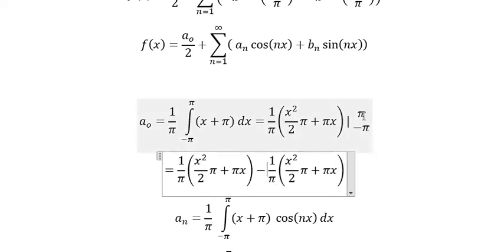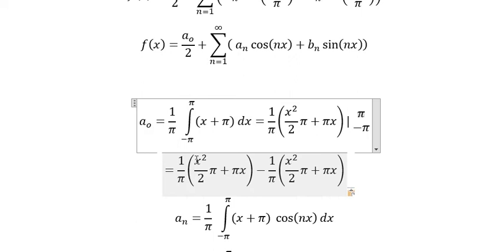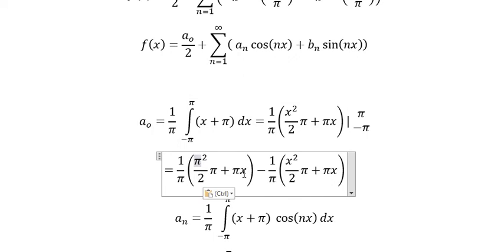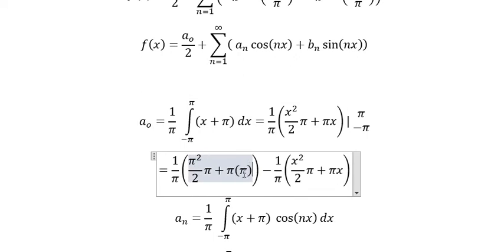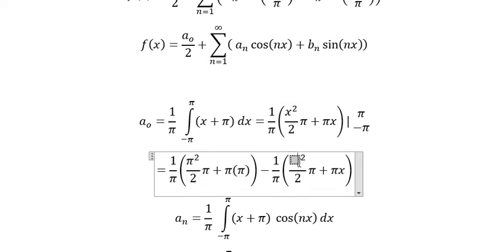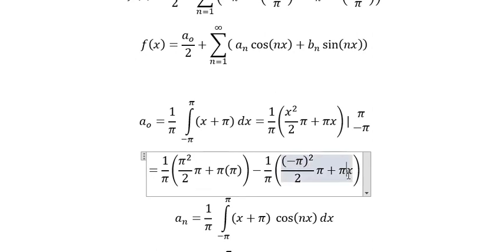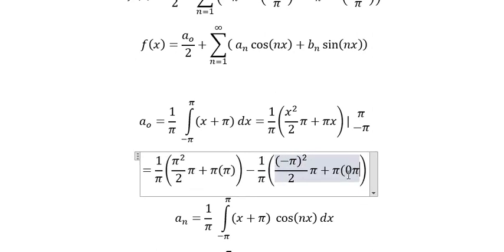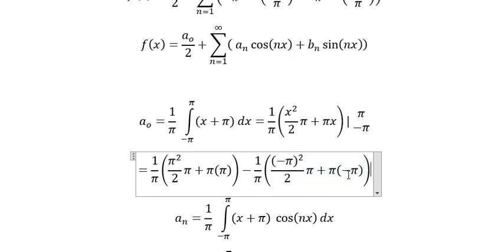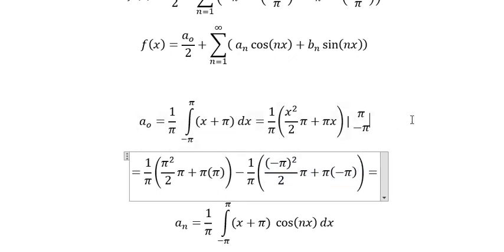So I will put b in here and here. Negative b in here and here. And this one we have 2b.